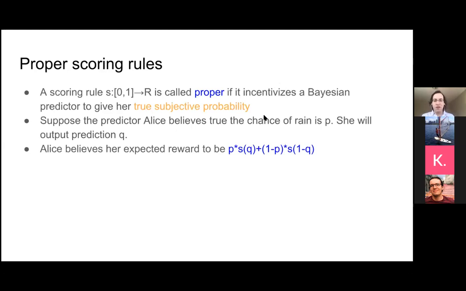What does she expect her reward to be? She expects with probability P, she gets reward S of Q. And with probability 1 minus P, she gets reward S of 1 minus Q, because that's the situation in which the event does not happen.